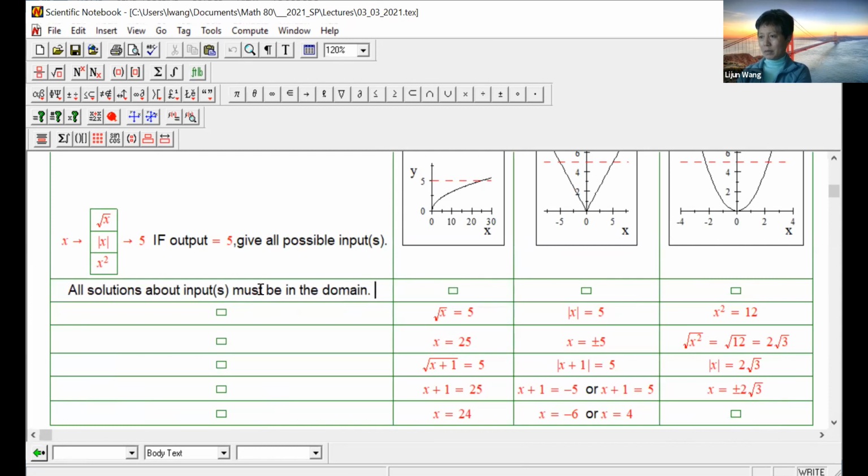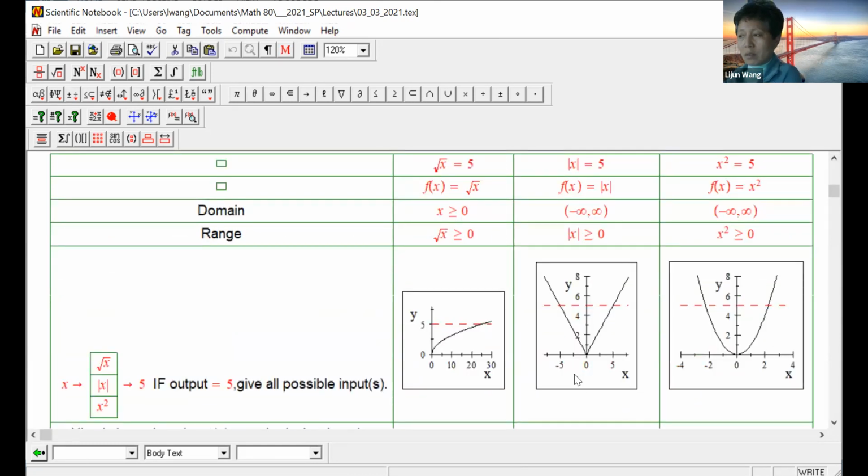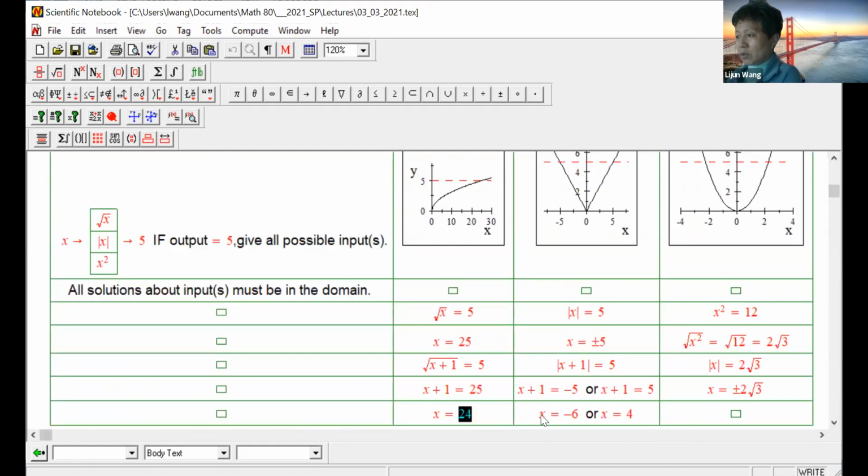I didn't make that happen. I didn't do anything. All the solutions must be in the input. Is 24 in the domain? Yes, the domain is greater than or equal to 0. 24 is in there. And the domain for absolute value of x is all real numbers. So the solutions here are in the domain.